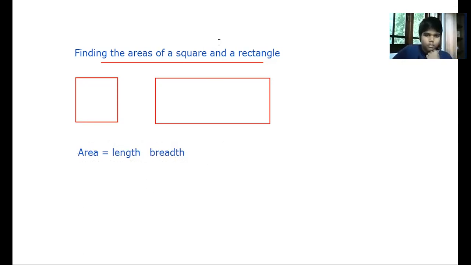Using this formula, by substituting length and breadth, you can find the area of the given square or rectangle, right? Length multiply breadth. That's the formula for the area.